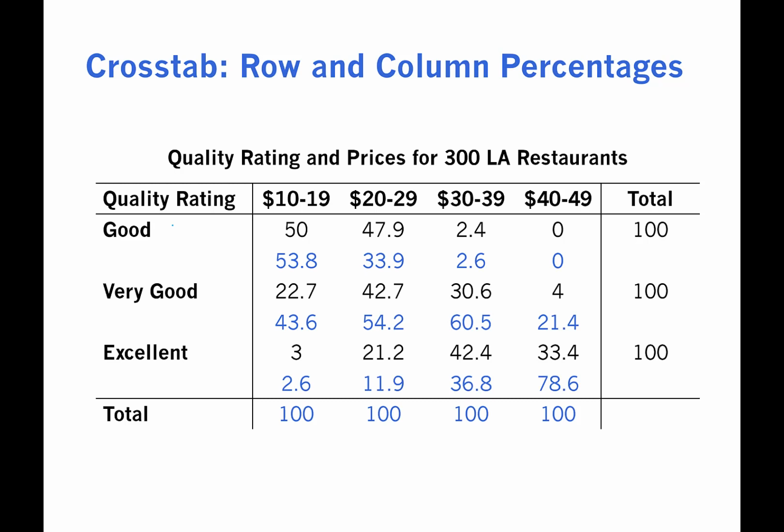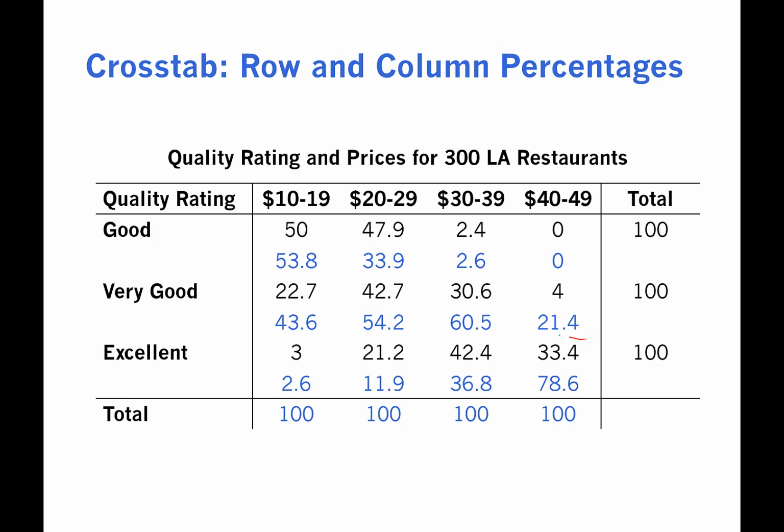Now let's look at the row and column percentages at the same time. So if we look at that, this is all the data. Again, you're going to investigate the relationship between these variables. So again, you're going to see where the larger numbers fall and where the smaller ones fall.